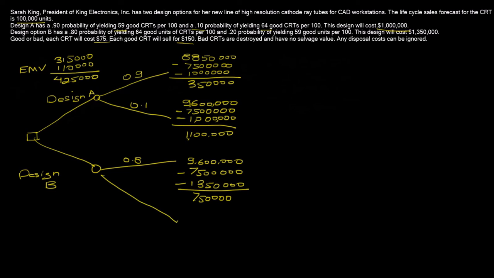Now the second possibility is a 0.2, or 20%, chance of yielding 59 good units. So we're back to sales of 8,850,000 minus the variable cost of 7.5 million minus the fixed cost of 1.35 million.